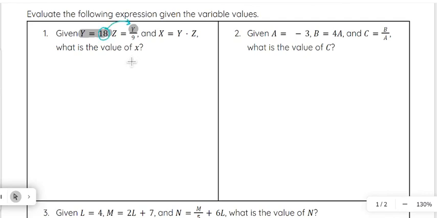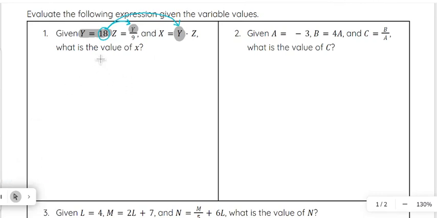Without even reading the rest of it, I know right off the bat if I need to, I can plug that in. And if you continue to read, it says, and x equals y times z. So we see another y. Eventually, if we need to, we could also plug that 18 in for the y over here, because 18 is the value of y.